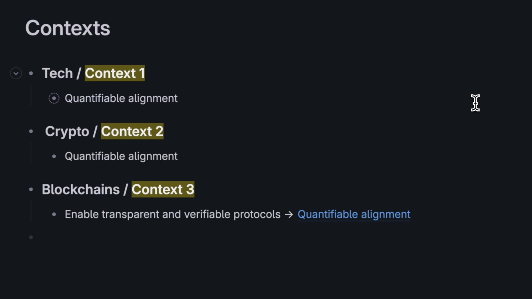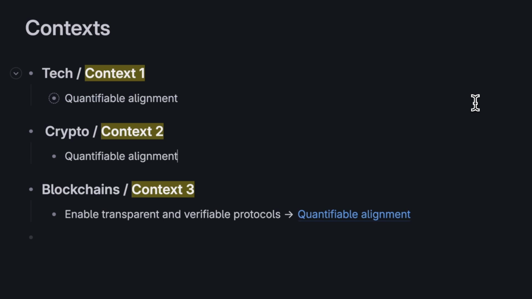And then we also duplicated this specific node to the blockchains context. But we also added additional context, where I wrote that blockchains enable transparent and verifiable protocols, so they basically enable quantifiable alignment. So you see, now we have this specific node that we can view from three different contexts.